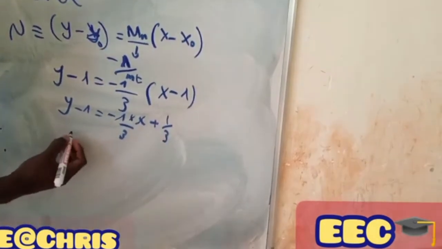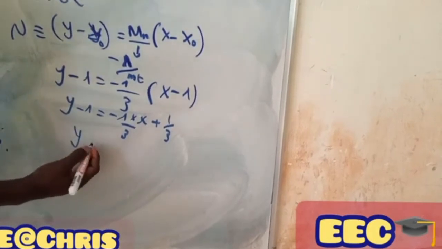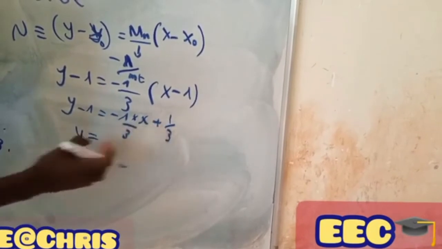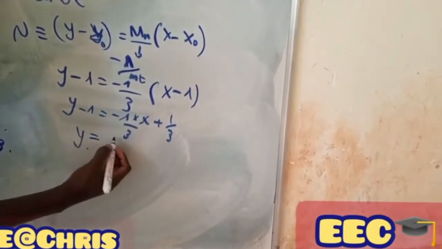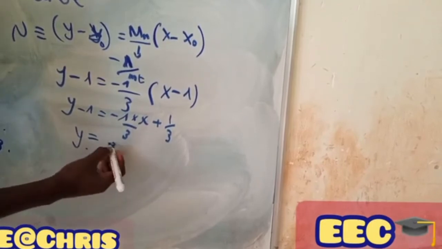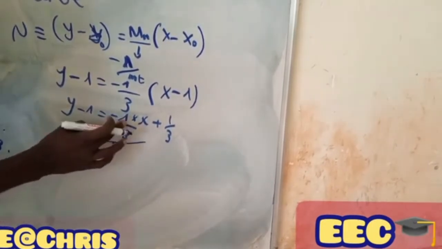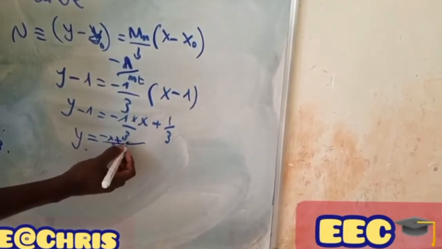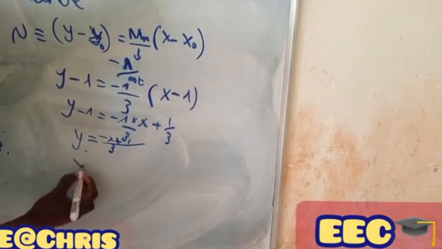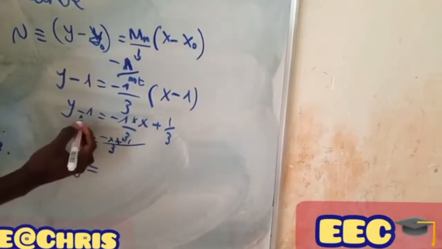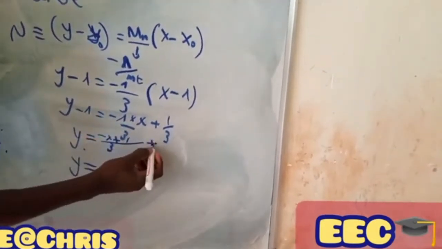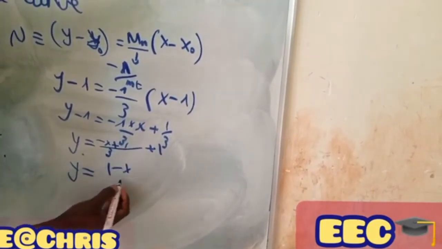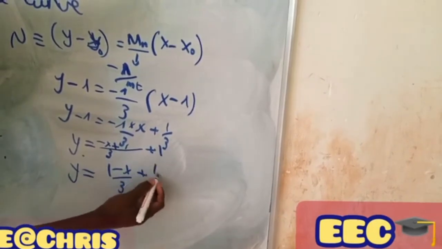Here y will be equal to, putting on the common denominator, minus x plus 1 over 3, and then we add the 1 here: y equals (1 minus x) over 3 plus 1 over 1.